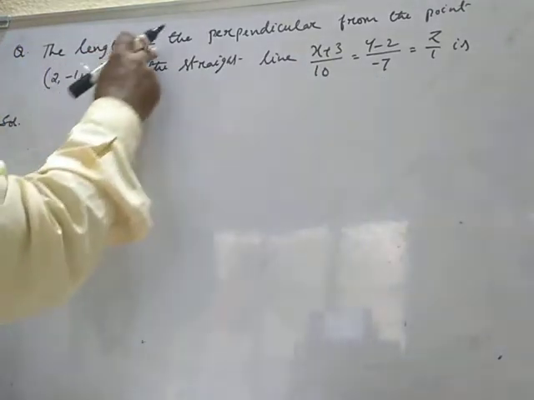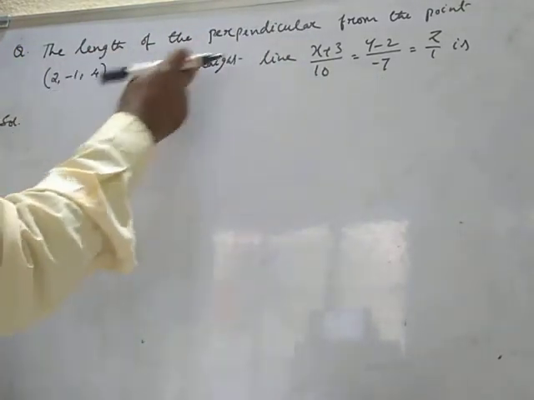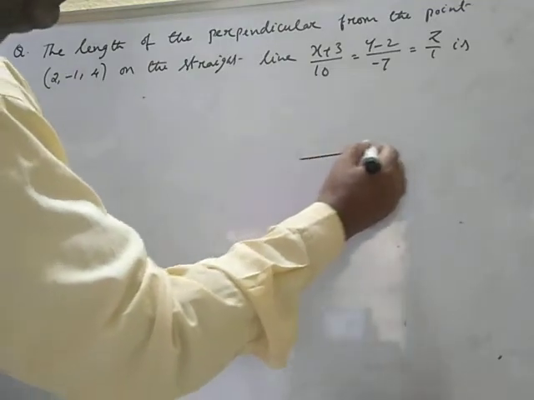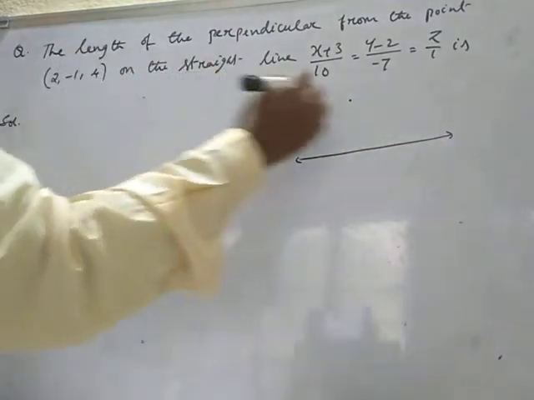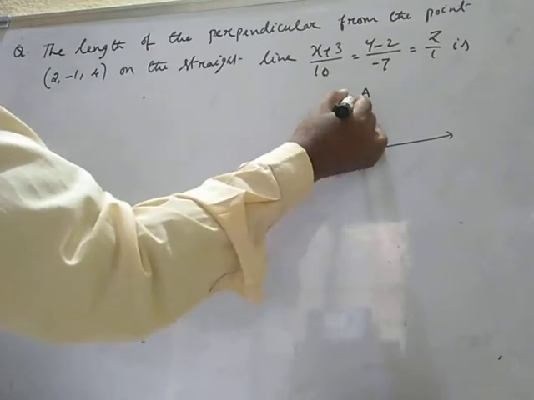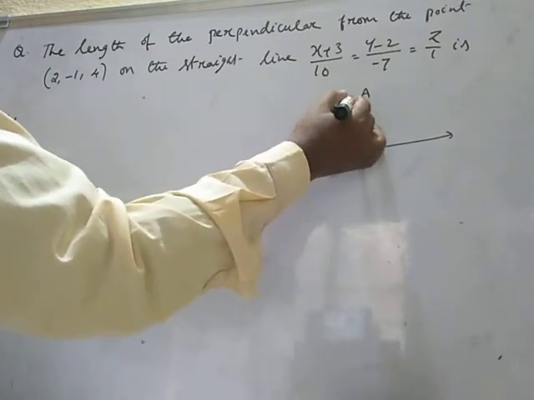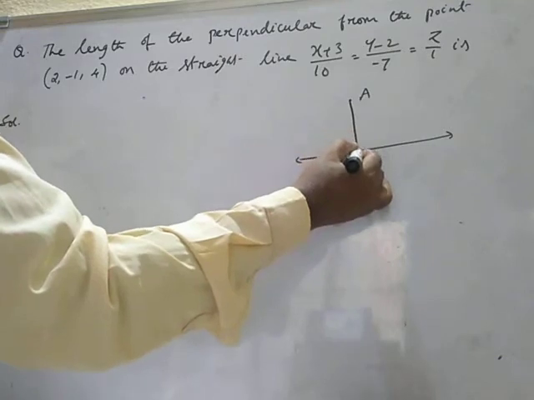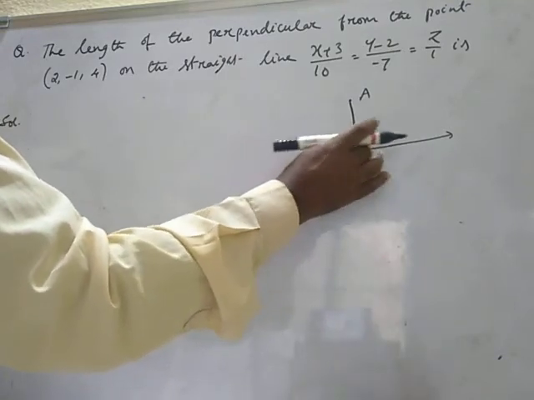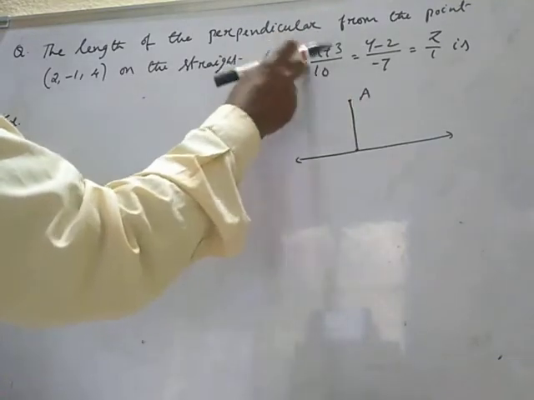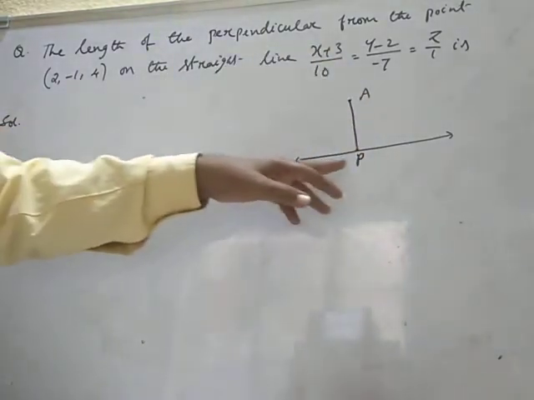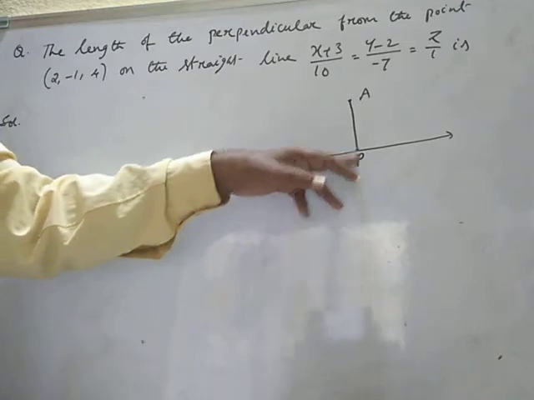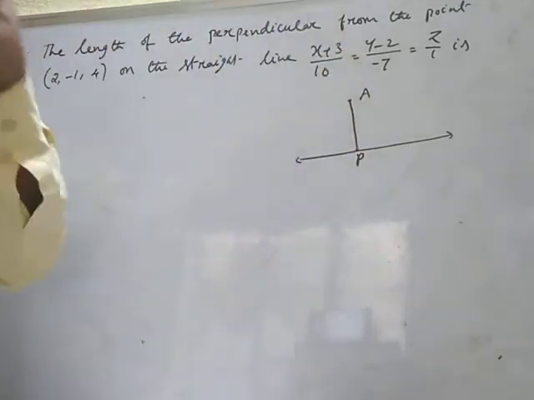Solution. The length of the perpendicular from the point on the straight line. This is the given line. Let the point be A. We want the perpendicular from A on the line. Let P be the foot of the perpendicular from A to the line.